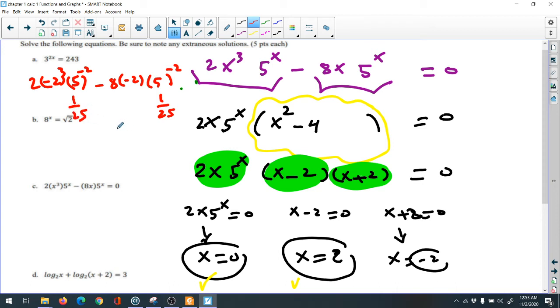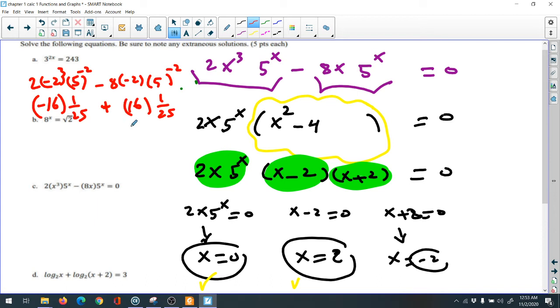Okay. And then negative 2 to the third is negative 8. Negative 8 times 2 is negative 16. And here, negative 8 times negative 2 is positive, negative times negative is positive, and 8 times 2 is 16.